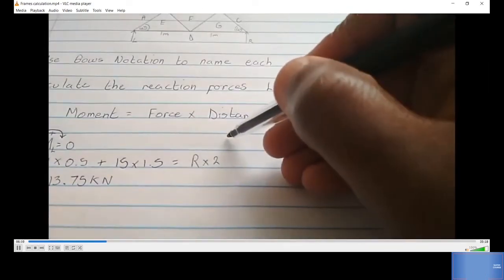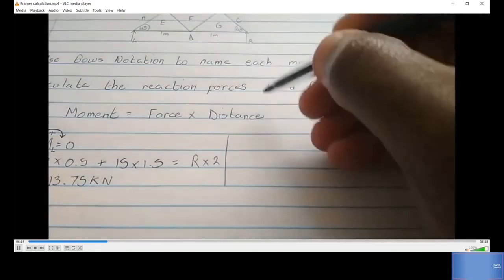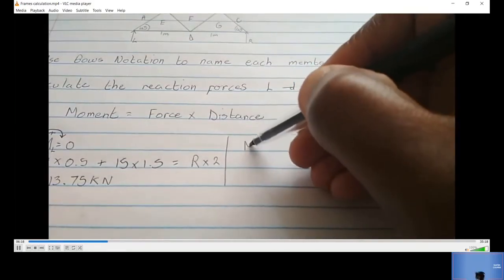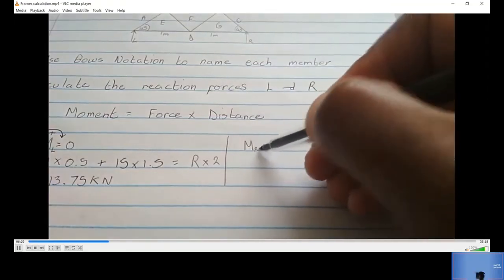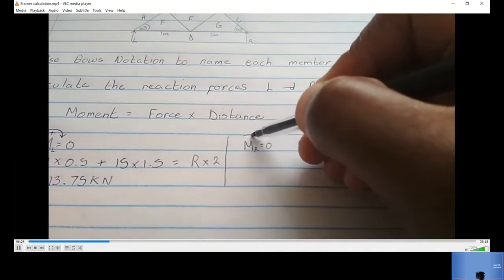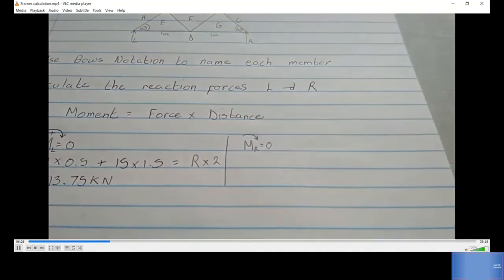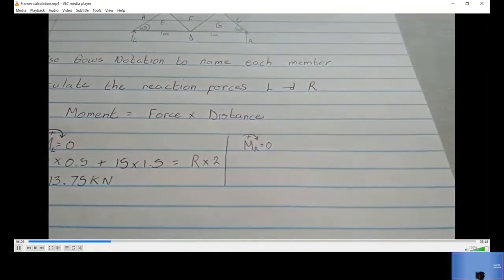All right, we're going to do the same for the calculation of L. Okay, so we're just going to put it there. Let's just split that there and take the moment now about R. Okay, and the moments there must be equal to 0. Yeah, still let's take clockwise as positive.